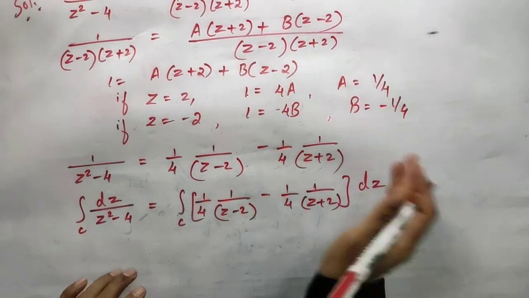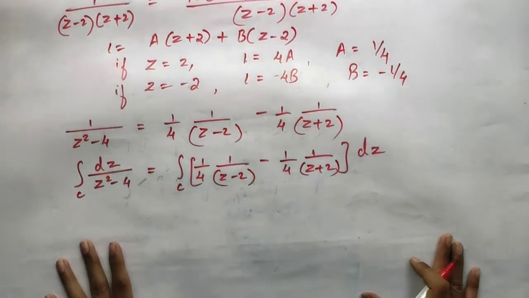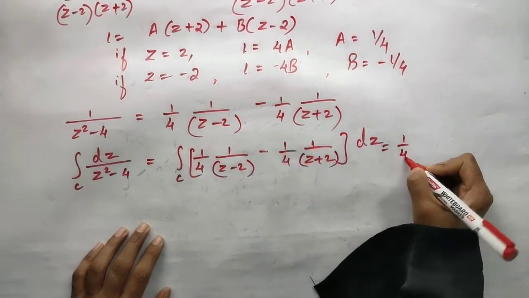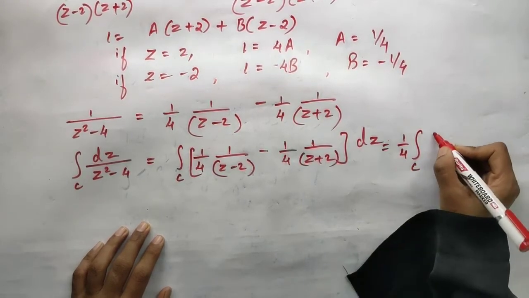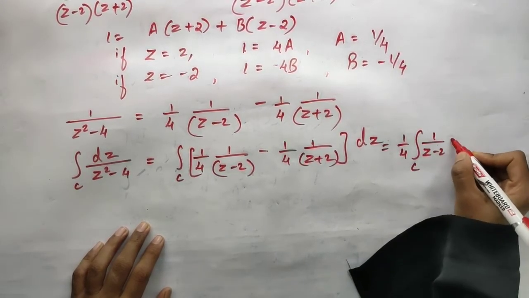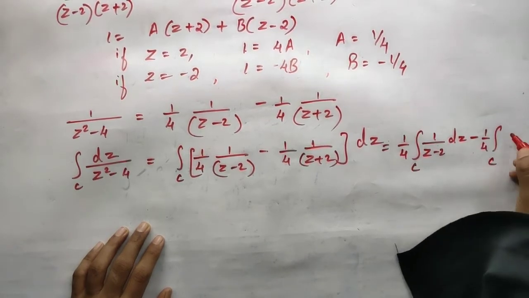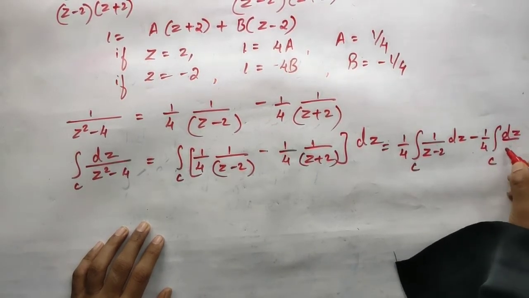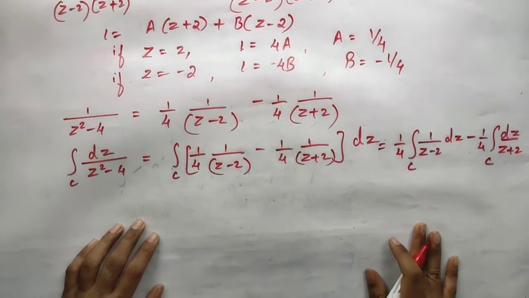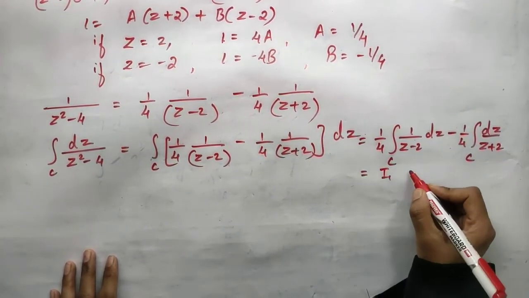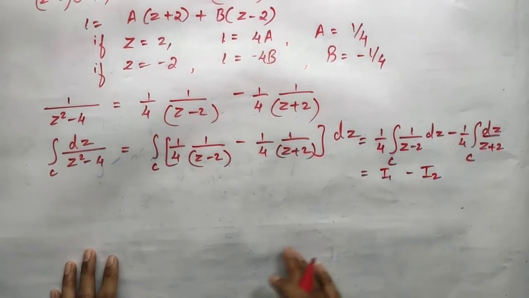Now separate the integrals because there is a minus sign in between. So I can write it as 1 by 4 constant times the integration of 1 divided by z minus 2 dz, minus 1 divided by 4 times the integration over C of dz divided by z plus 2. I'm going to call this I1 minus I2.